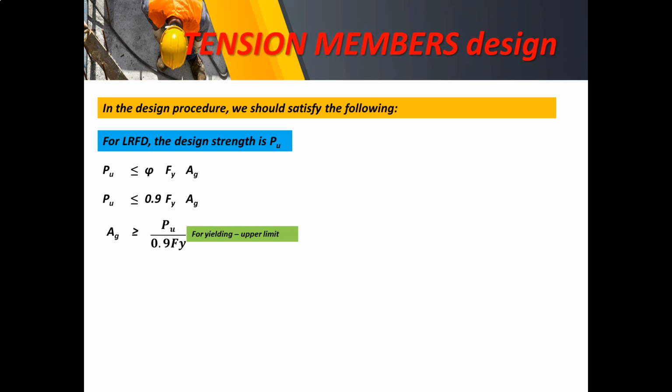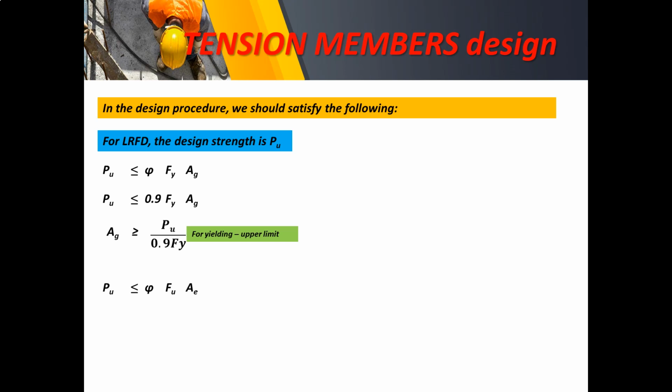When we talk of yielding, this is actually the upper limit of the required area. For the lower limit, we are referring to the fracture condition of the member. Hence, LRFD still expresses the loading as factored loads, wherein these factored loads should always be less than or equal to phi times Fu times Ae.